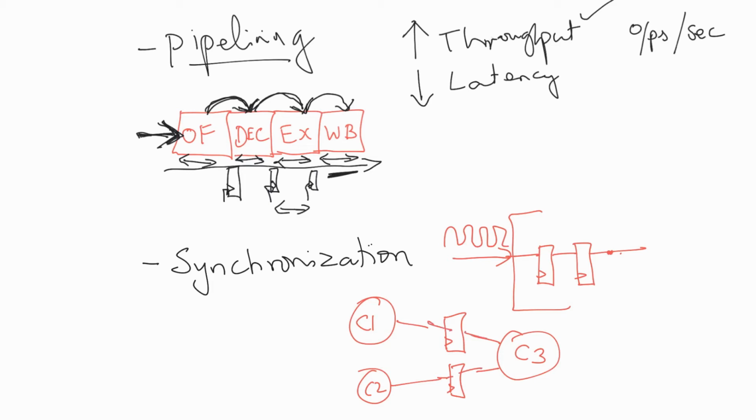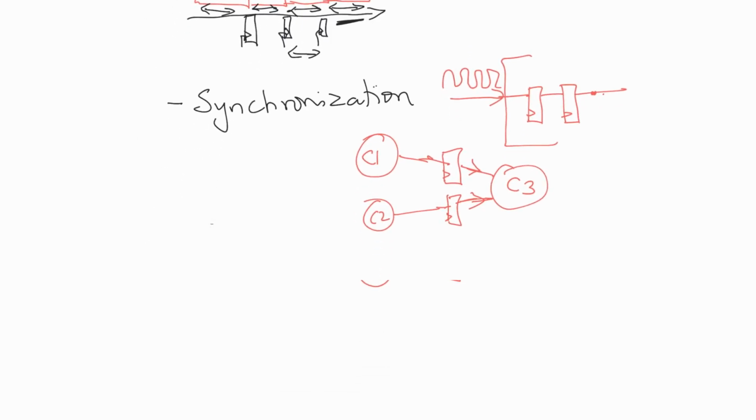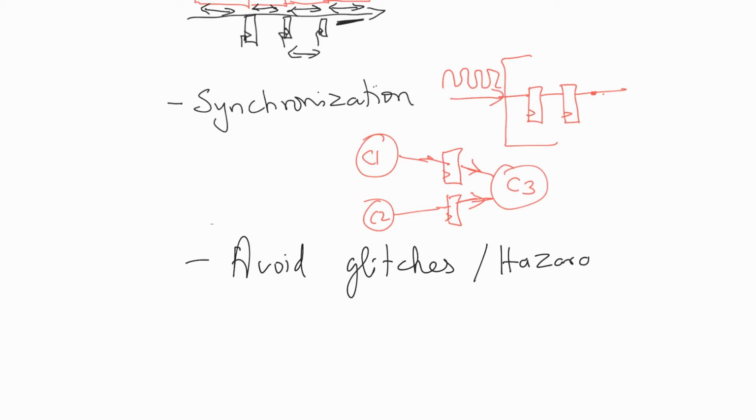and ensure that the data going into C3 from C1 and C2 arrives at the same time. The other reason could be to avoid glitches or hazards. There could be some unwanted variations in your combination logic.